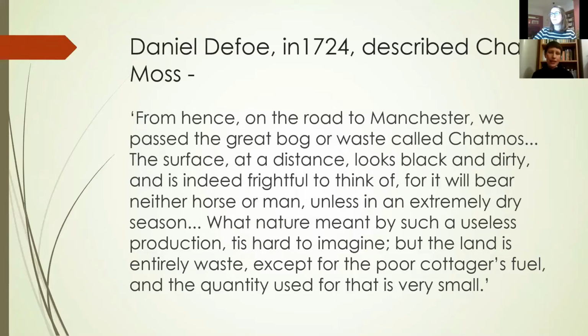The surface at a distance looks black and dirty, and is indeed frightful to think of, for it will bear neither horse or man, unless in an extremely dry season. What nature meant by such a useless production is hard to imagine, but the land is entirely waste, except for the poor cottagers' fuel, and the quantity used for that is very small."